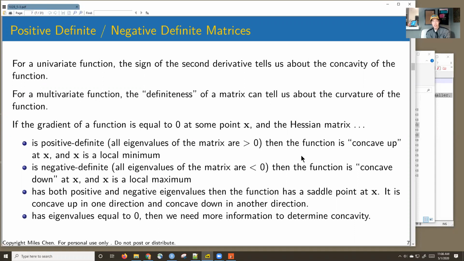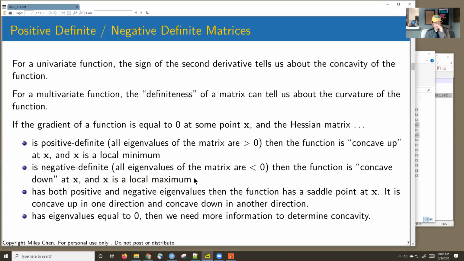Similarly, with the Hessian matrix, we can look at the definiteness of the matrix. If it is positive definite, all eigenvalues are greater than 0, the function is concave up, and the value at x is a local min. If the gradient is 0 at some point x and the Hessian is negative definite, the function is concave down and x is a local max.